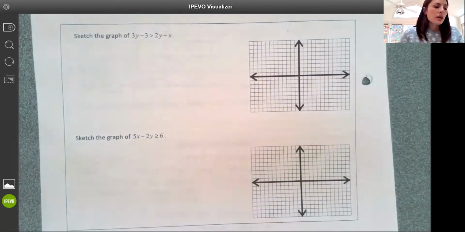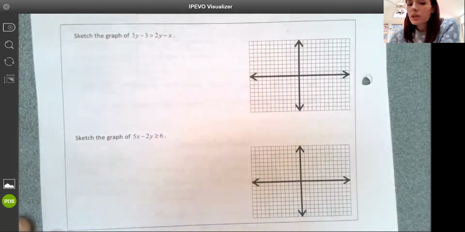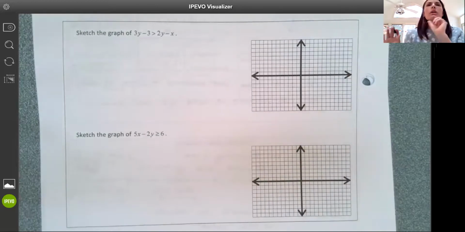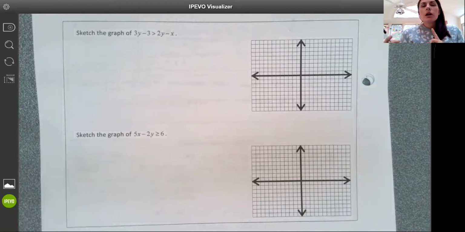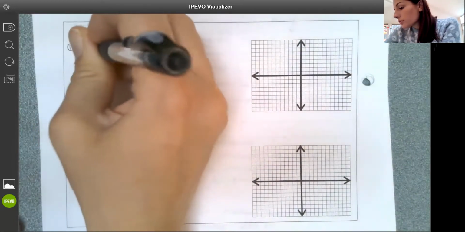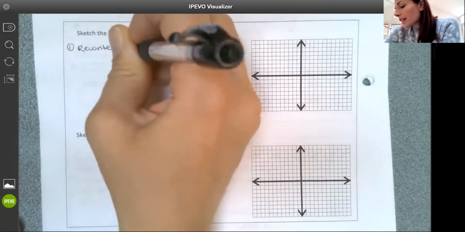So graphing my inequality. So first, now this is the tricky piece. First, what I do, because I don't want to worry about, this is also why I test a point. Because remember when we multiply and divide by negatives, and there's all sorts of things that we need to be careful of in terms of flipping our sign with an inequality. So I kind of avoid all of that by using the steps that I'm going to teach you to use. So the first thing I'm going to do is rewrite the line.